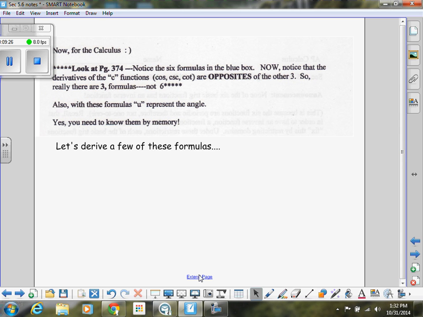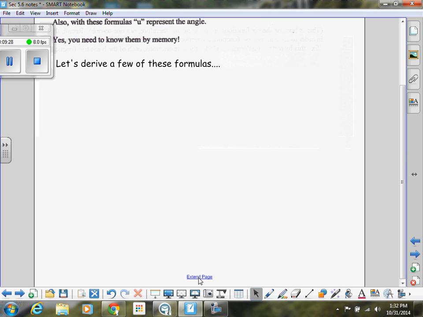So I'm going to extend. All right, so let's look at inverse sine. If I have y equals arcsine of x, remember that's the inverse of sine, right? So what did it look like in just regular sine form?